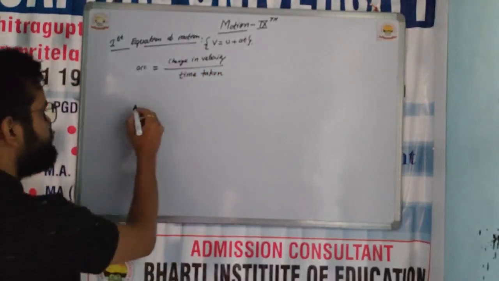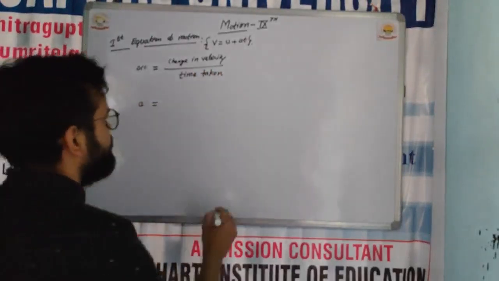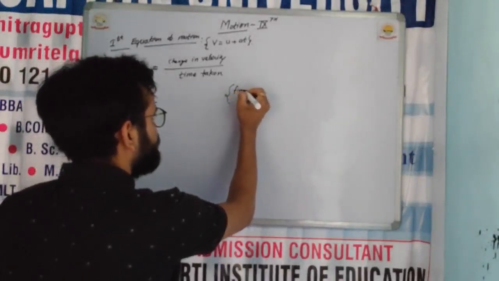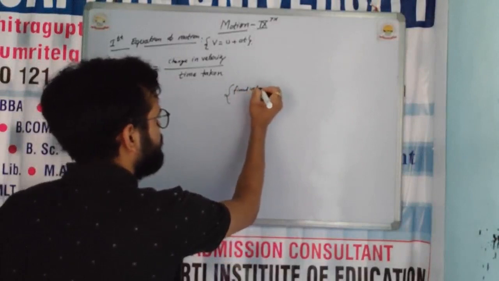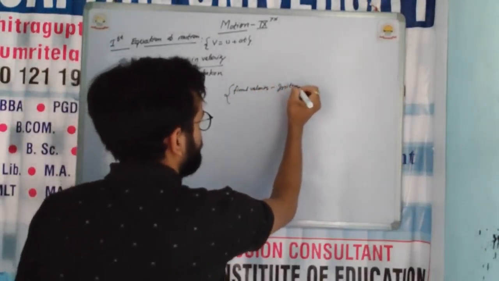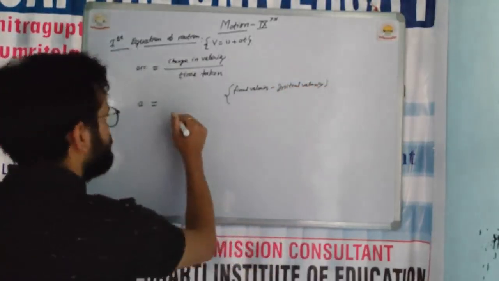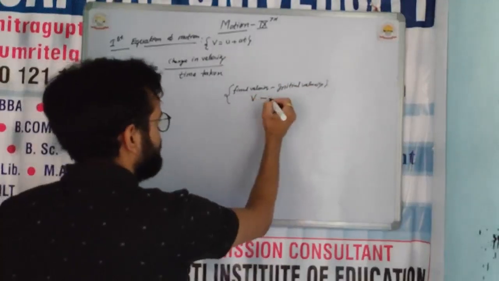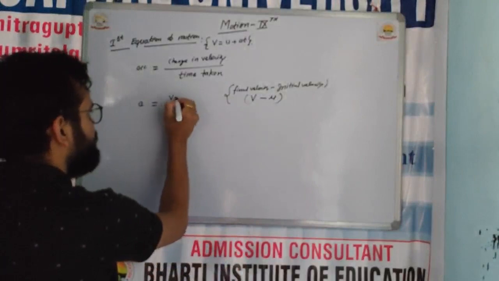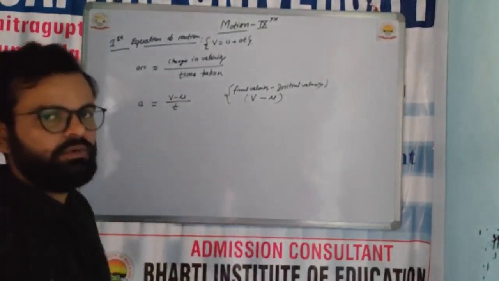The acceleration is represented by small a, and change in velocity means final velocity minus initial velocity. So final is represented by v and initial by u, so we can write v minus u, and time taken, let that be small t.